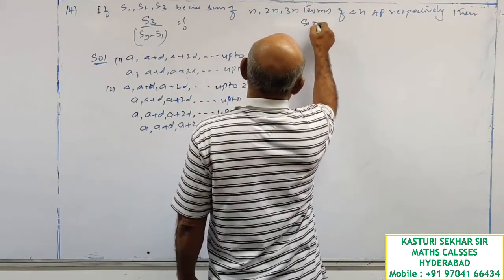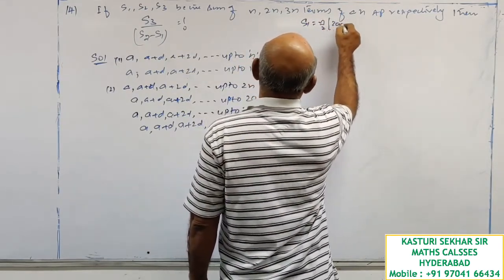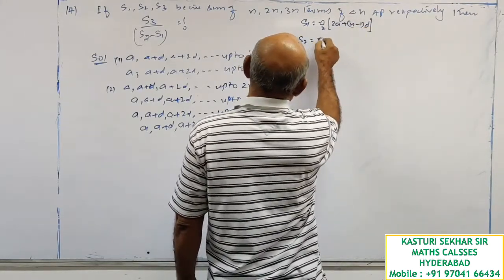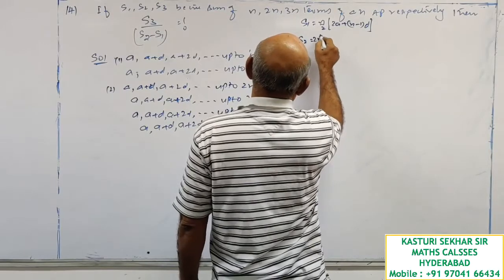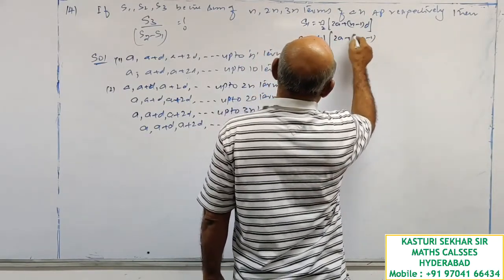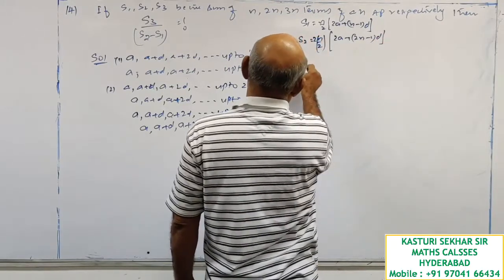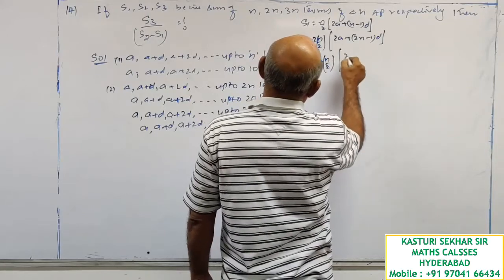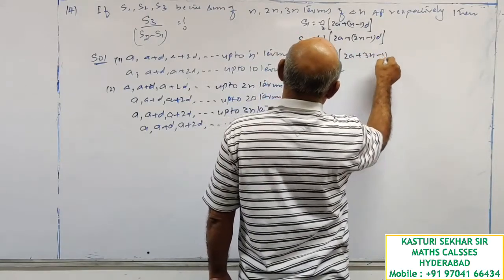So S1 is equal to n by 2 into 2a plus n minus 1 into d. S2 is equal to 2n by 2 into 2a plus 2n minus 1 into d. S3 is equal to 3n by 2 into 2a plus 3n minus 1 into d.